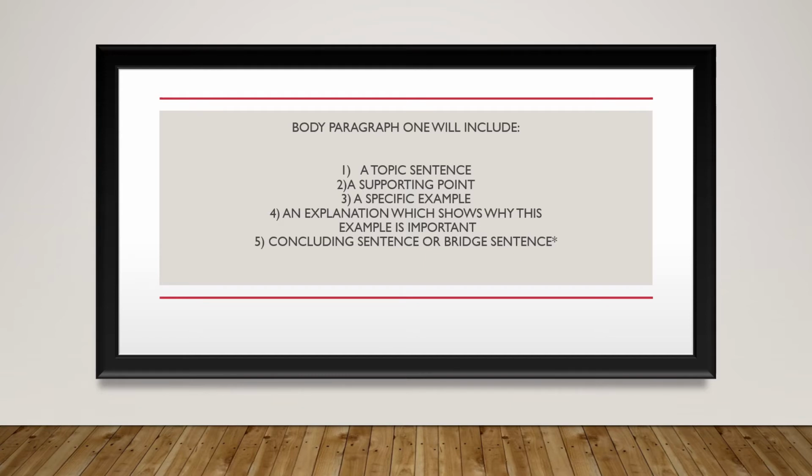A typical bridge sentence will sound like, for example, even though many friends can improve your mental and physical health, according to Emily Sohn, some friends can actually have a negative impact on mental and physical well-being. And that second part of the sentence would be the topic of body paragraph 2.